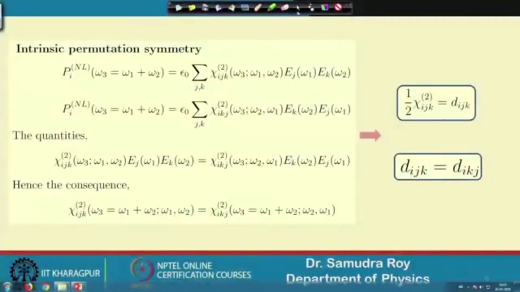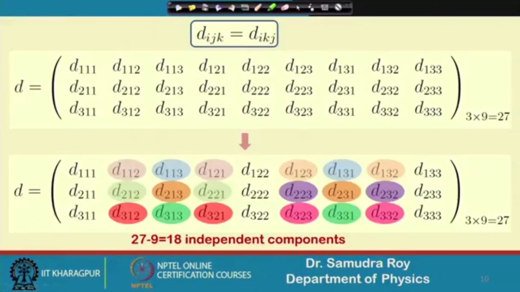So, how are these element reductions possible? Let us see. Here we can see the D matrix has 27 different elements, but we have this condition in our hand. This is the condition due to the permutation symmetry: Dijk is Dikj.